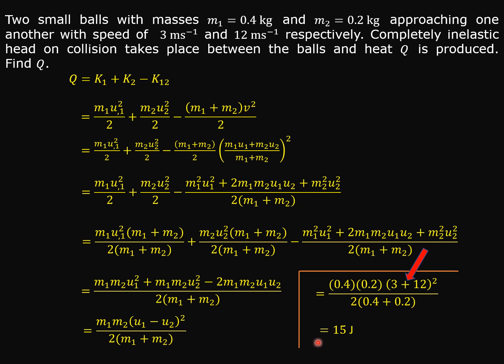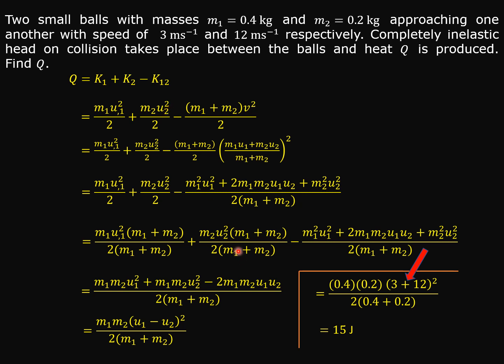So the final answer that we get is 15 joules, which is the heat Q produced in the process of the completely inelastic head-on collision. Because in a completely inelastic head-on collision, the kinetic energy is not conserved.